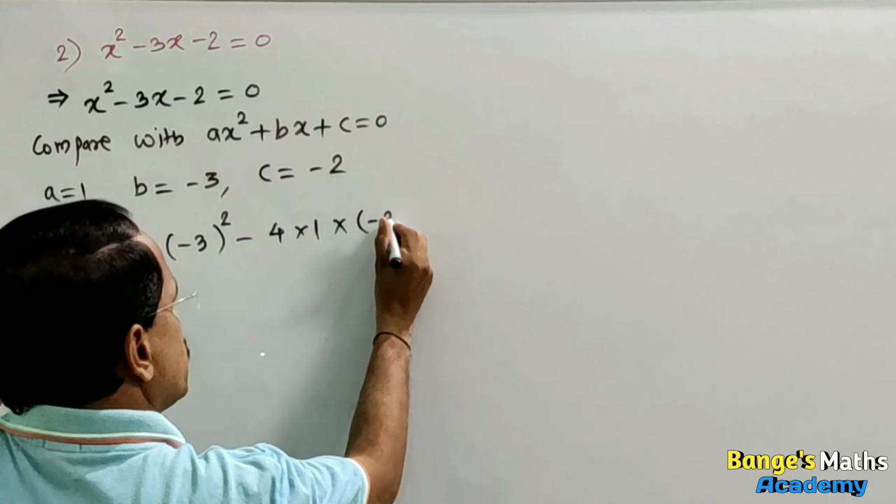So these are the roots of the given quadratic equation. 3 plus root 17 upon 2 and 3 minus root 17 upon 2 are the roots of the quadratic equation.